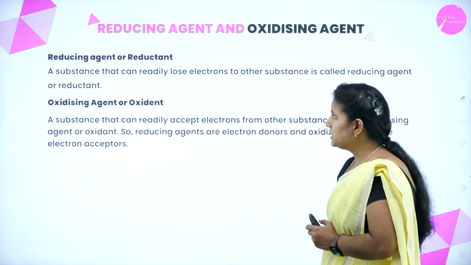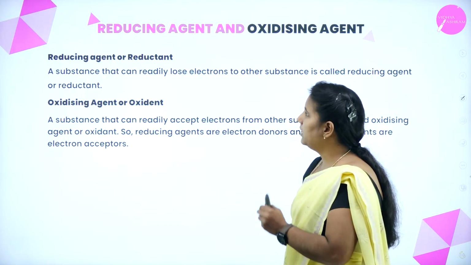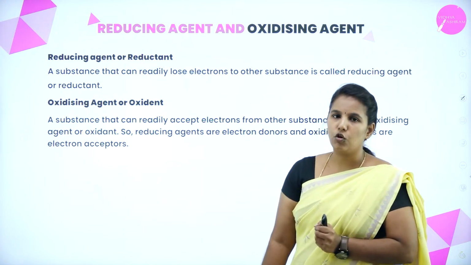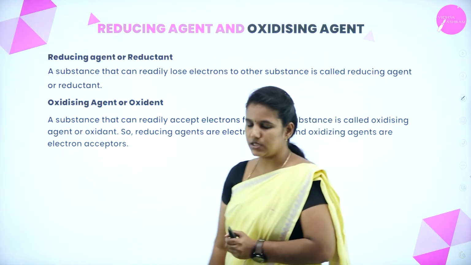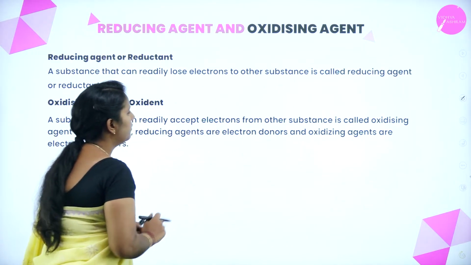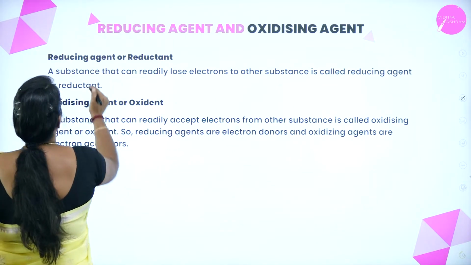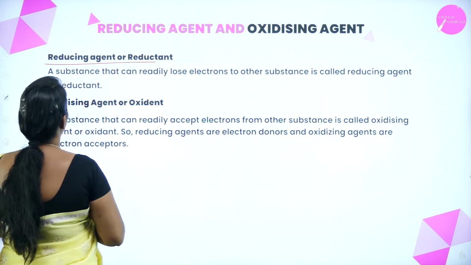Okay. Next, we will understand what a reducing agent is and what an oxidizing agent is. First, we will discuss what a reducing agent or reductant is.